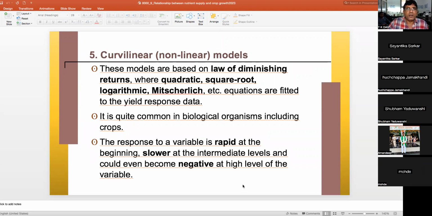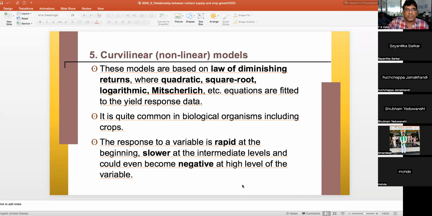The most important and final thing is that you can go for a curvilinear relationship. You can establish the relationship between nutrient supply and the response, how much response you get. Therefore, you can fit response equations. These curvilinear models can be fitted. These models are based on the law of diminishing returns, where quadratic, square root, log, and Mitscherlich equations are fitted to the yield response data.